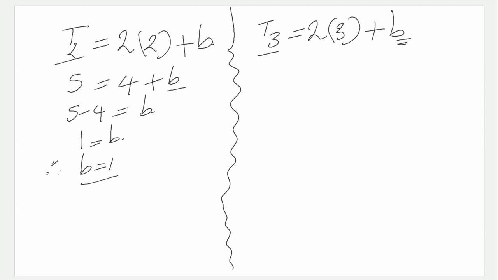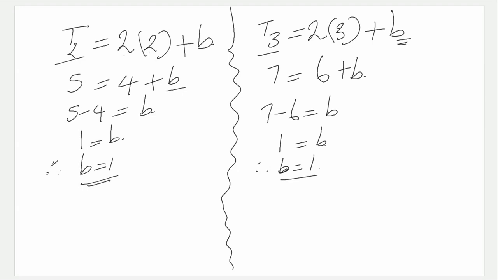Our third term is 7, and 2 multiplied by 3 is 6, plus b. 7 minus 6 is equal to b. Then I have 1, which is equal to b, and therefore b is equal to 1. So you can see we are getting the same value of b.